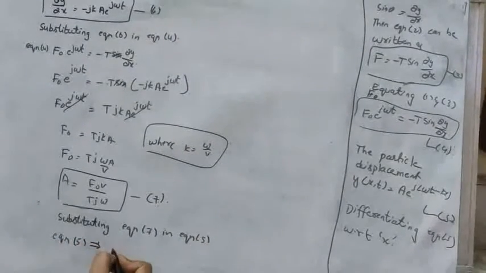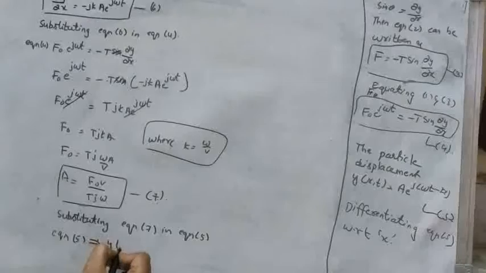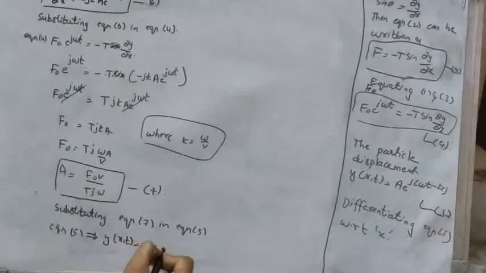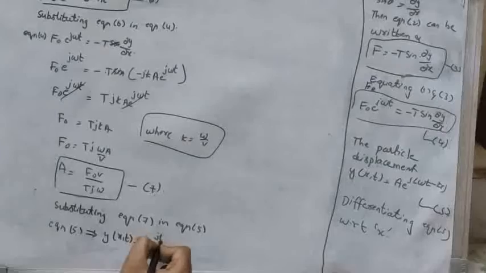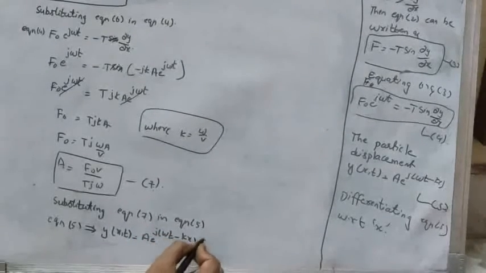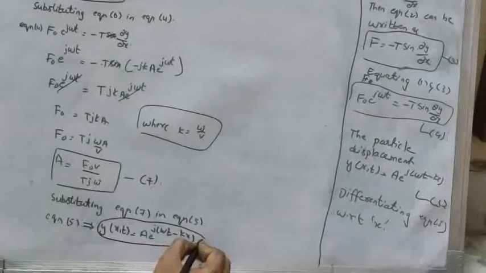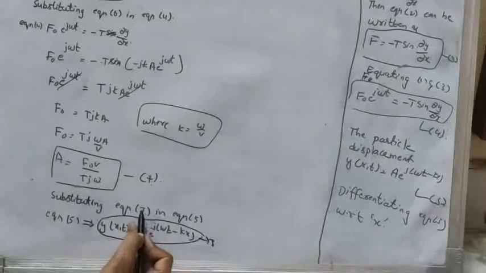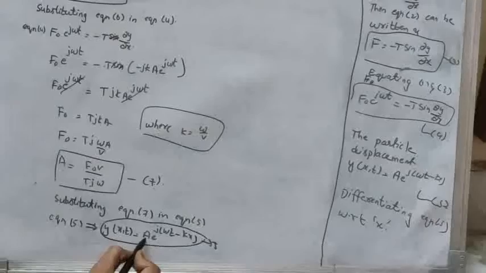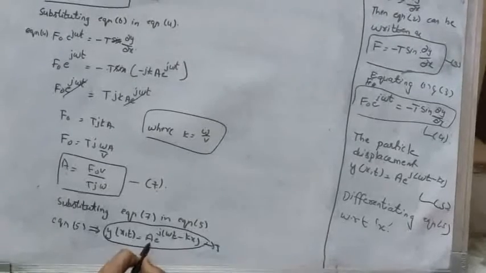Equation 5 is y of x comma t is equal to a e power j of omega t minus kx. Okay, this is equation number 5. In this we are going to substitute 7, that means the a value. So here a is there, so this value we are going to substitute here.